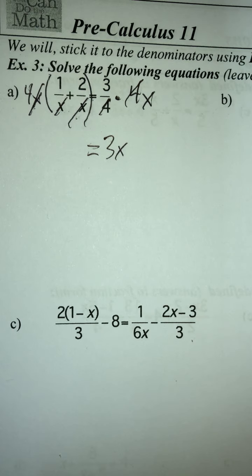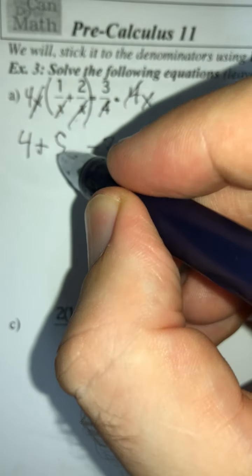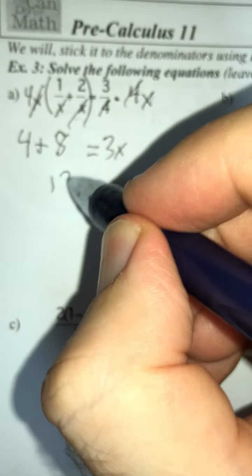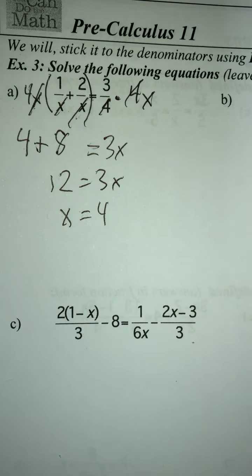This won't always happen, but in this case it does. So when I multiply it in, it'll be 4 plus 8. Combine these terms, so this is 12 equals 3x. Divide by 3, x is equal to 4.